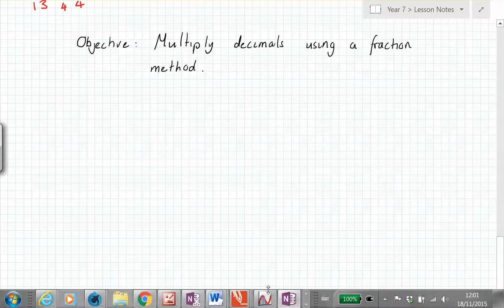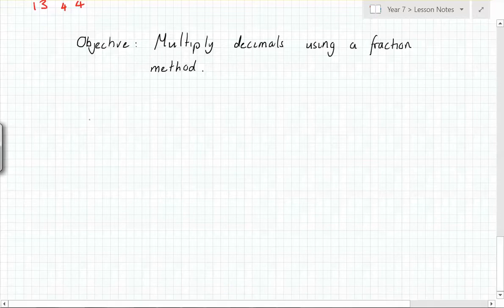Let's go. So we're now talking about multiplying decimals. We're using a fraction method. I'm going to remind you. The kind of problems that we need to be able to solve are something like 3 times 0.8, so a whole number multiplied by a decimal.